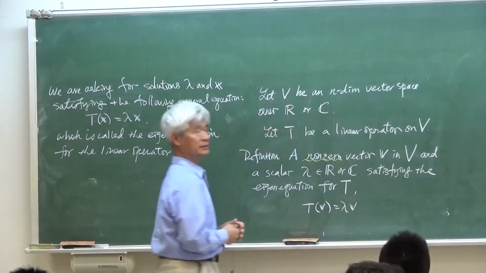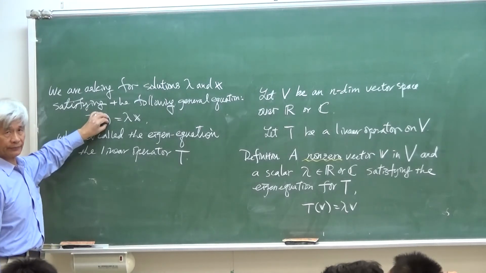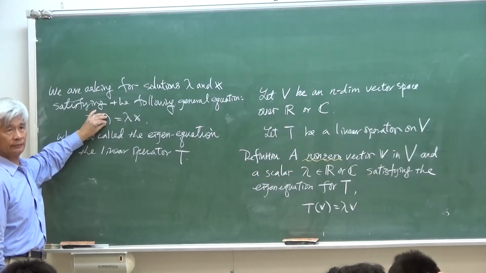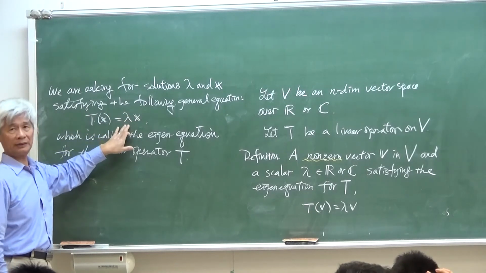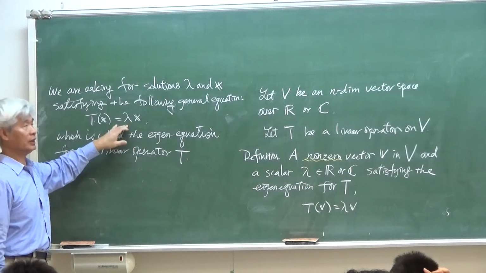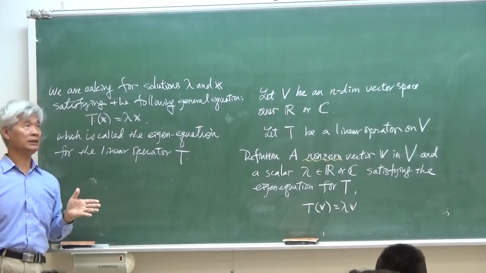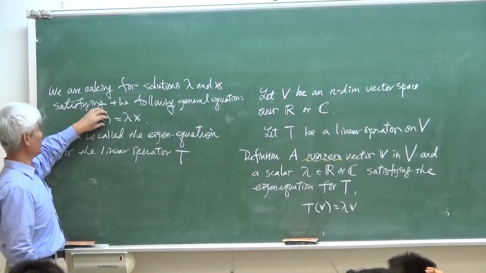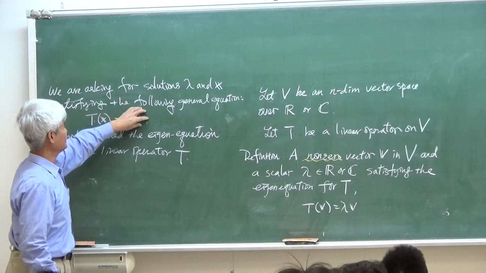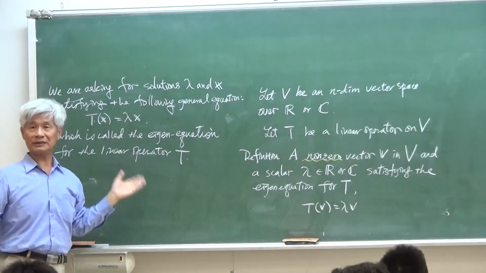Why should we consider a non-zero vector? Because if x is 0, you can put in any lambda, because T0 is 0 for a linear operator, so you can put arbitrary lambda here and get a solution.